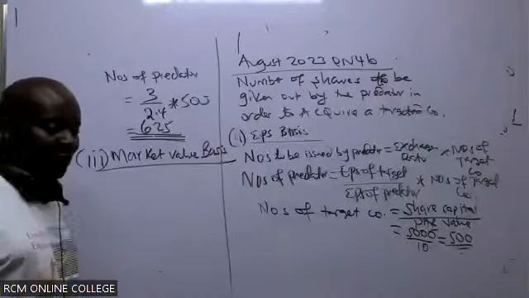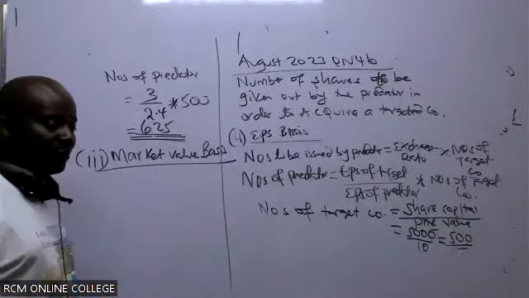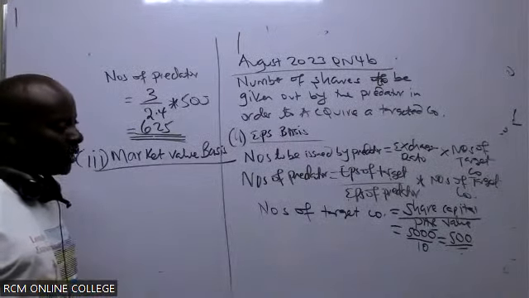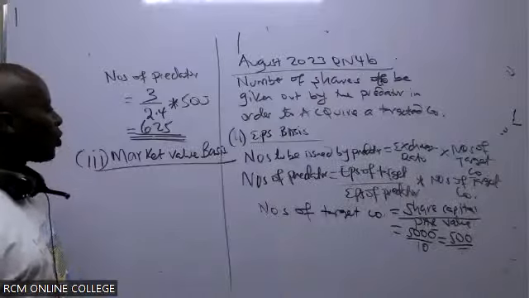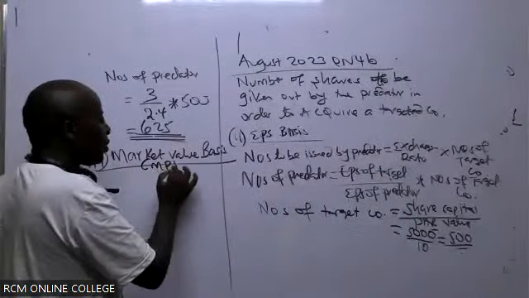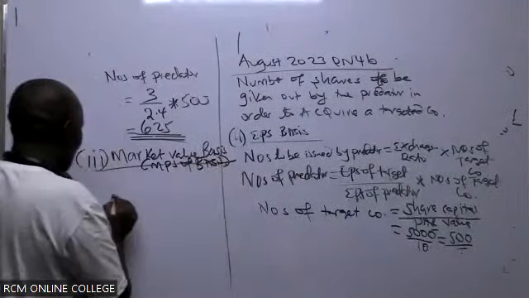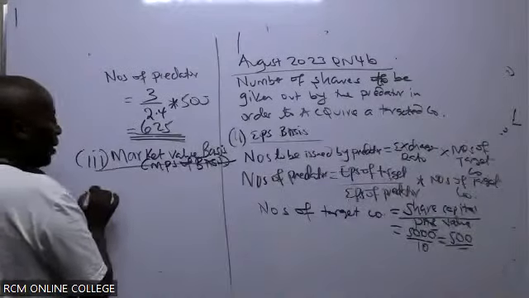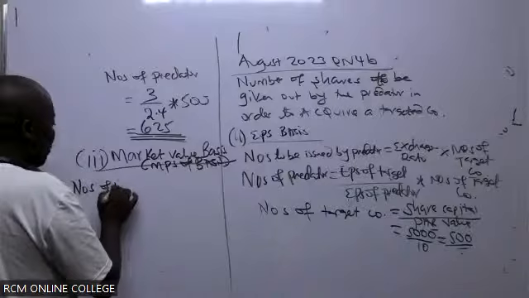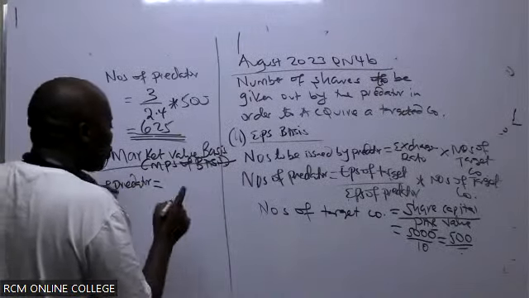So, market value basis. As Nancy is pondering on this, Nancy must have missed a couple of sessions. Market value basis is also known as MPS basis. So in this case, to get the number of shares of the predator, the exchange ratio will now be on the basis of MPS.